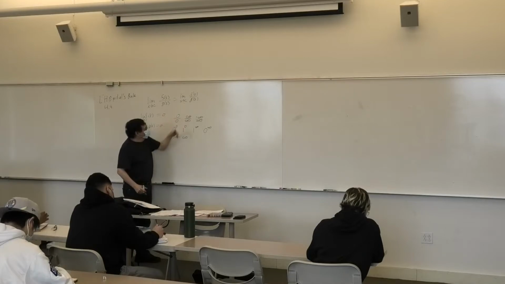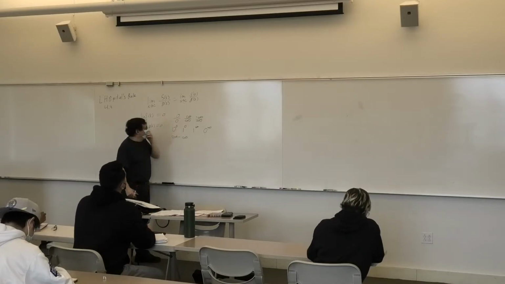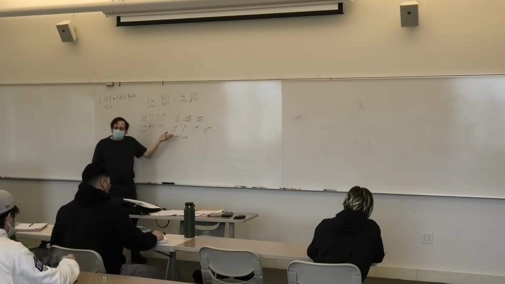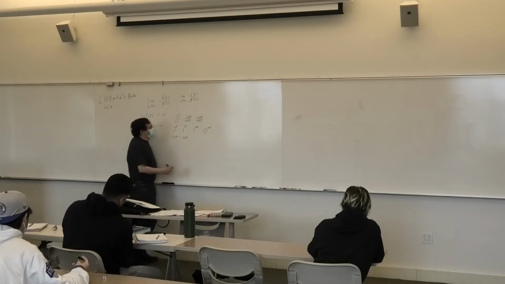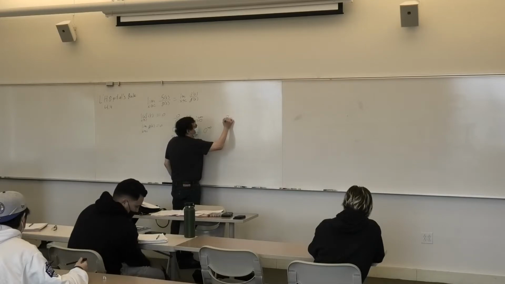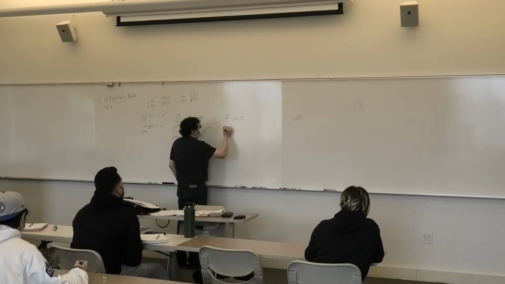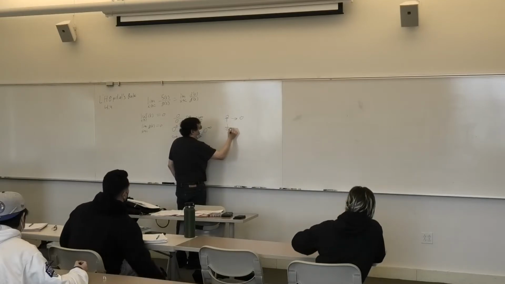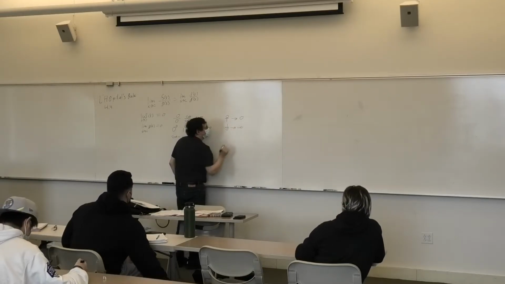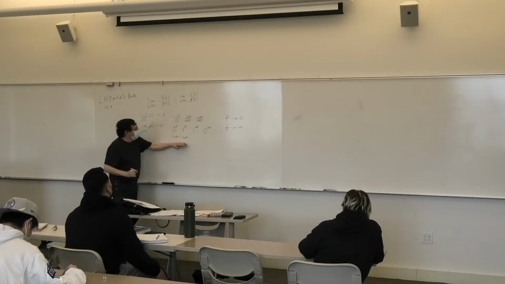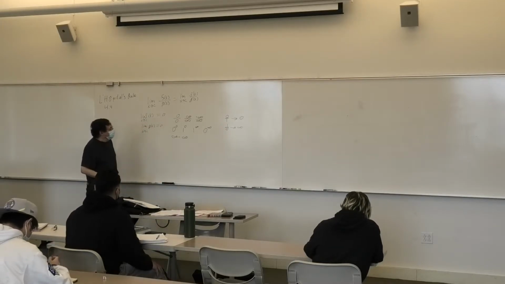0 over 0, infinity over infinity, 0 to the 0. It's not obvious what's going to happen. If something goes to 0 over 1, we know that's going to 0. If something's going to 1 over 0, that's going to infinity. But these are indeterminate.